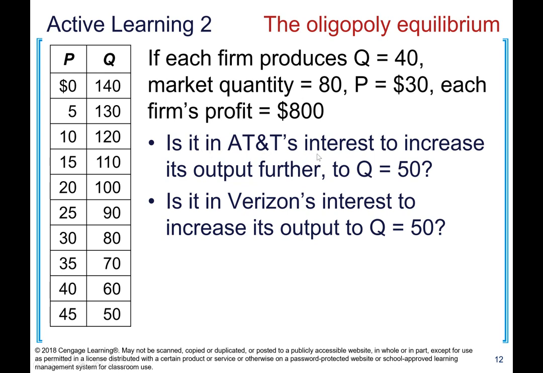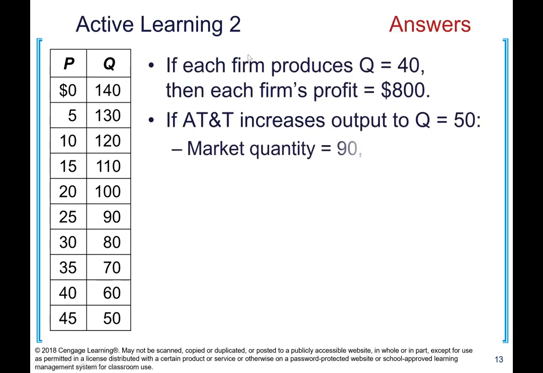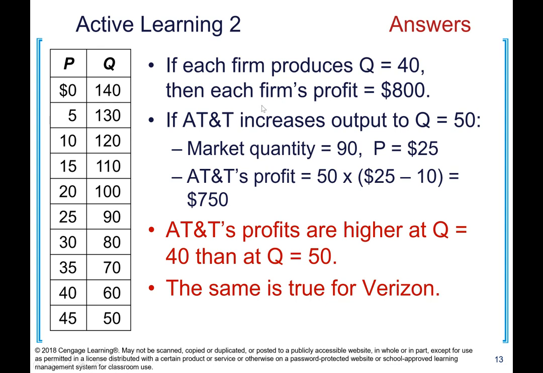Is it in AT&T's interest to increase its output further to 50? Is it in Verizon's interest to increase its output to 50? If each produces 40, then each firm will earn a profit of 800.